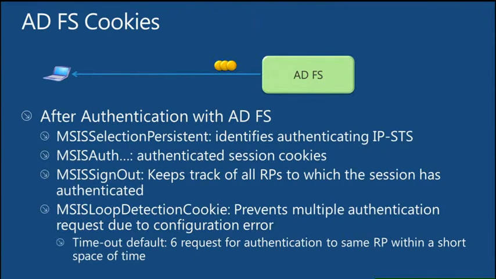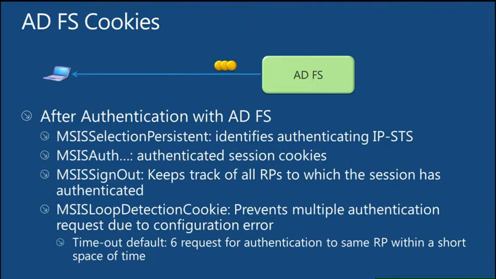MSISSignOut is a very interesting cookie. When you sign in to application number 1, it will set the fact that you've gone to application number 1 in your cookie. Now if you go to application number 2 and go back to the STS, you're already authenticated to the STS because you have the SSO cookie, right? But what it wants to know about is the fact that you're going to application 2, so it extends that cookie.